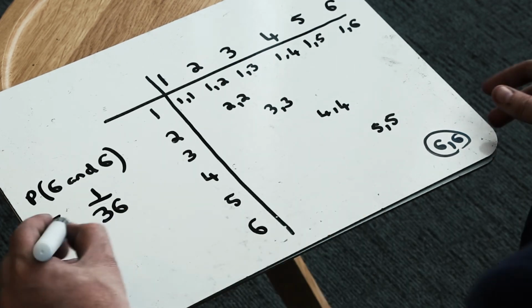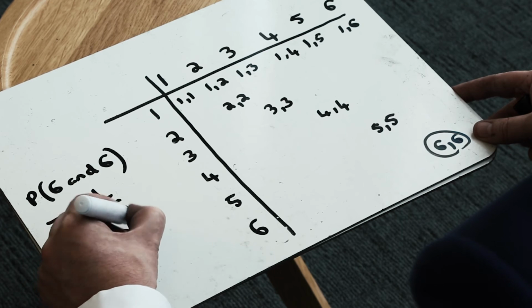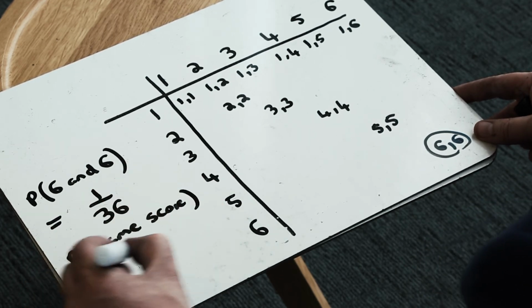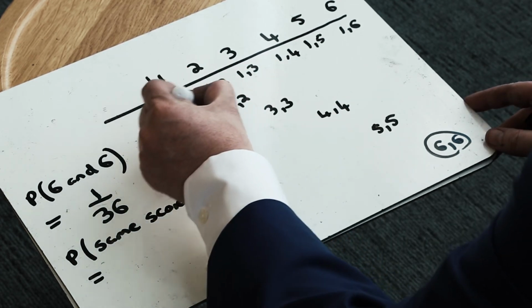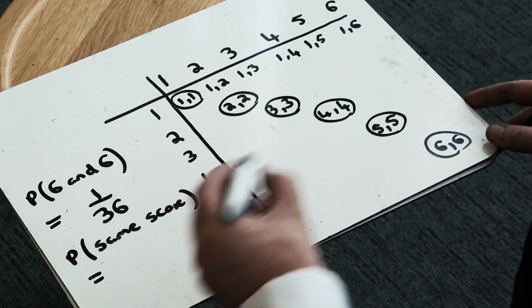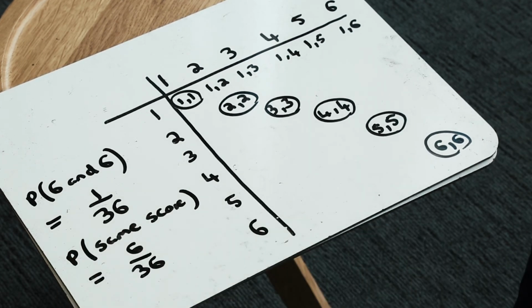We could also use it to find, for example, the probability of getting the 2 dice showing the same number, which would be 1 and a 1, 2 and a 2, 3 and a 3, 4 and a 4, 5 and a 5, and a 6 and a 6. So again, the sample space would come in and say the chance of getting the same number on the 2 dice would be 6 over 36, and that would be 1 over 6.